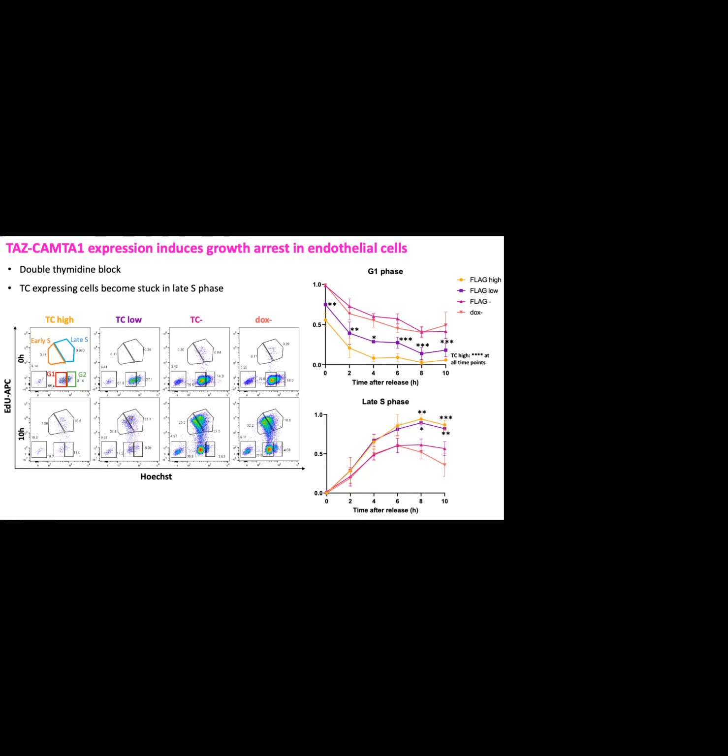They seem to just be going into S phase and stopping there for a bit. So all of this told us that actually TAS-CAMT1 expressing cells don't really have a growth advantage over the non-expressing cells. They aren't proliferating any faster. If anything, they're becoming arrested and proliferating slower.